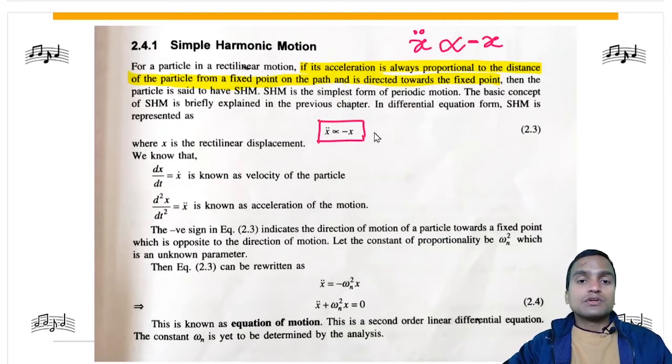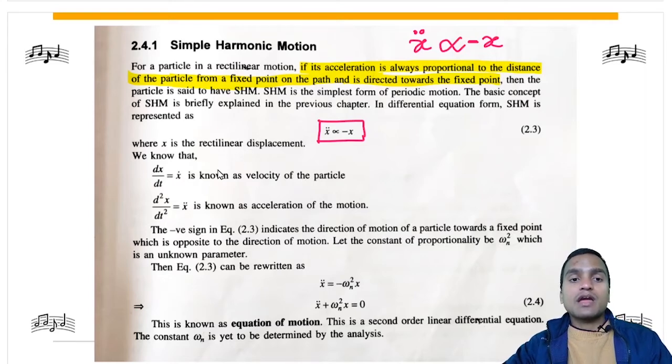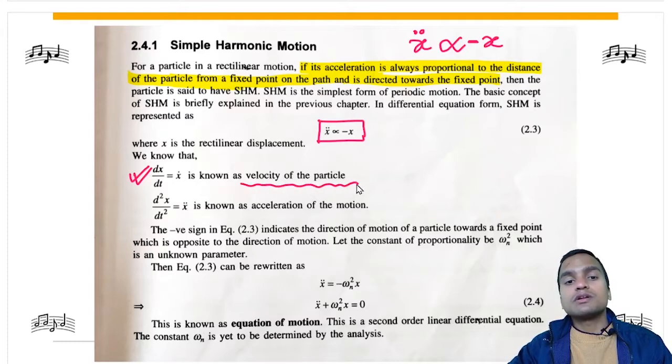Here x is the rectilinear displacement, and dx upon dt is equal to x dot, the standard notation, which is the velocity of the particle. Similarly, d2x upon dt square is the acceleration, represented by x double dot.